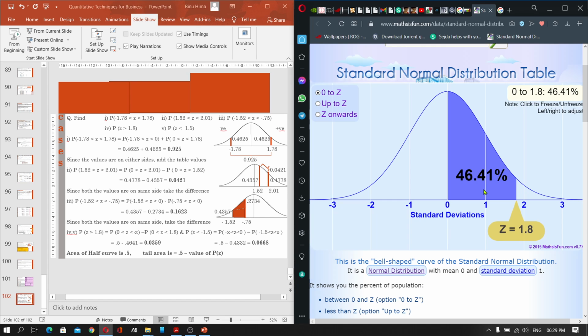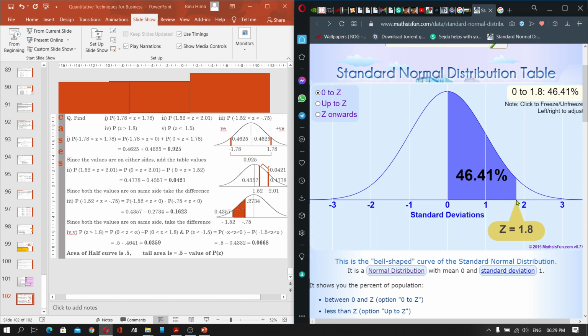So we are taking the difference between 0.5 and 1.8. 1.8 means 0.5 and whatever the table value is for 1.8. So from here to here it is 0.5, and this entire colored area is 0.4641.